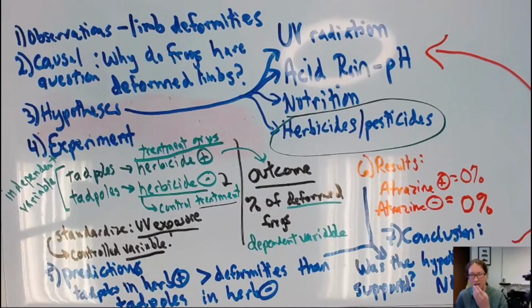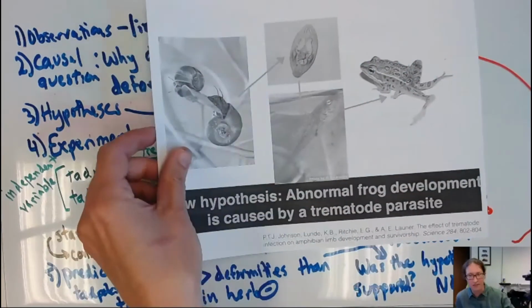Okay, so it might seem like I've kind of picked an arbitrary example with these frogs, but I actually picked it for a reason. That's because there's an undergraduate student researcher named Peter Johnson, who got interested in tackling this causal question about frog deformities. And the pesticide hypothesis was a very popular one, by the way, but Johnson actually came up with a different hypothesis.